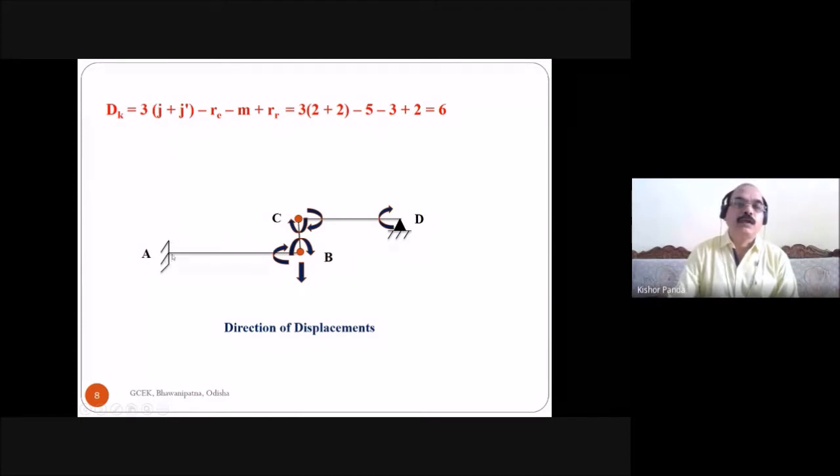There is no rotation, because here delta, the vertical displacement, is 0, and rotation is also 0. Slope is also 0. That's why there is no displacement here. So DK is equal to 6. These are the directions of displacement.